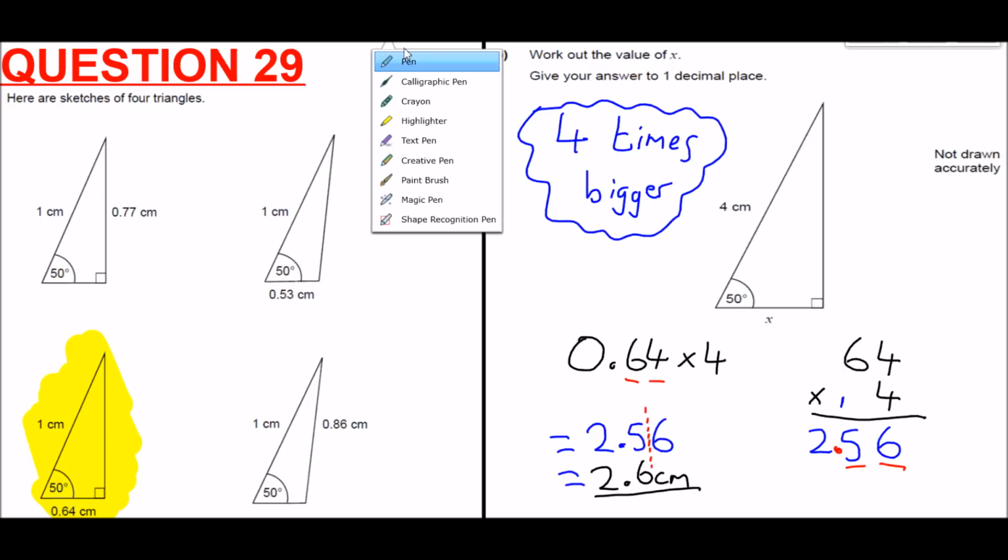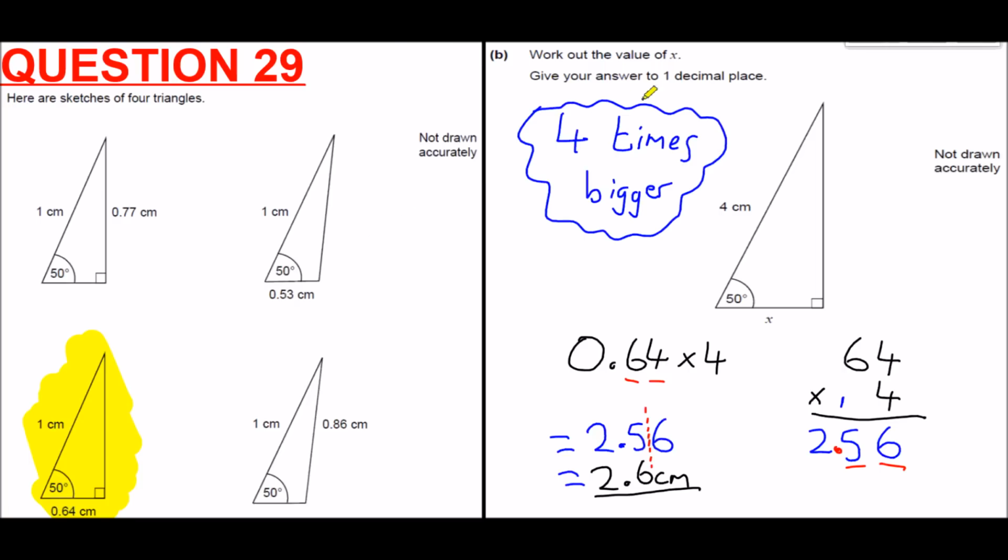And so finally, the value of x to 1 decimal place is 2.6 centimeters. You need to recognize this triangle here is similar to this one over here, but 4 times bigger. 0.64 times 4, that's the key to finding out the solution.